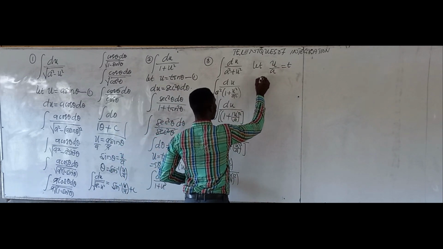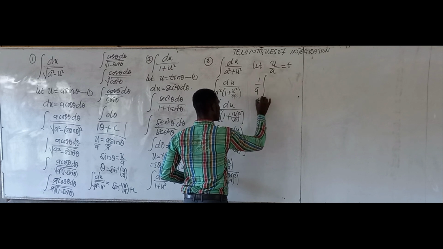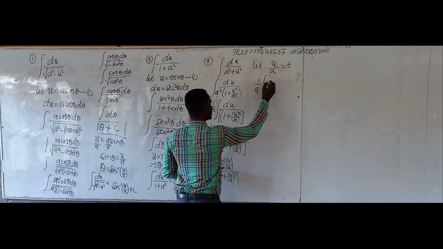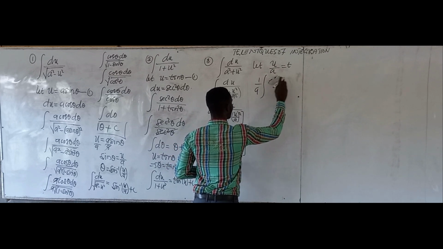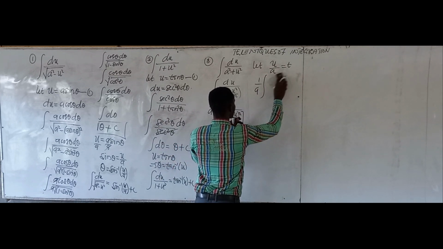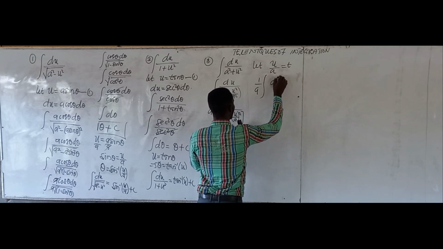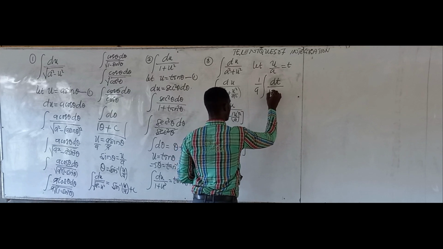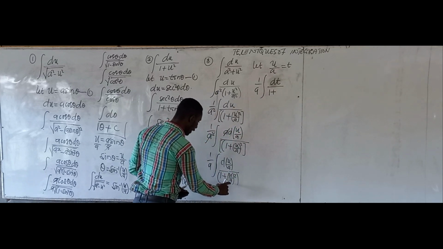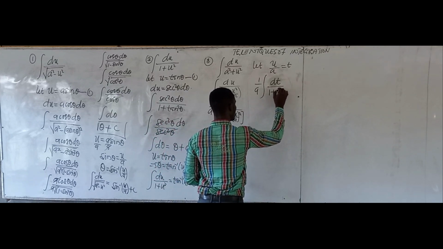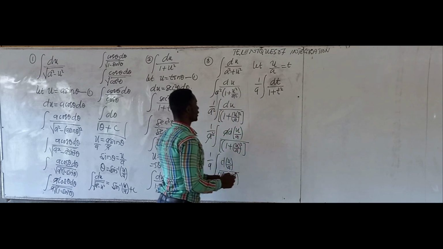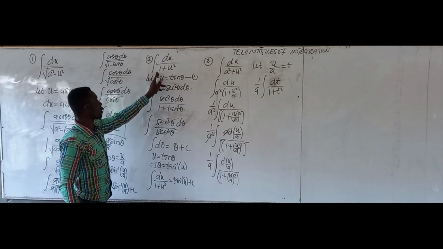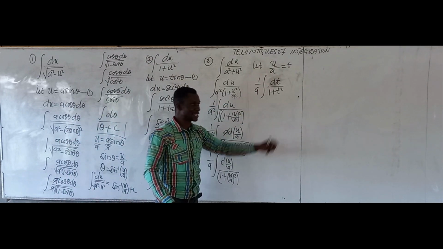I will have 1 over a integral, u over a is t, so I will get dt over 1 plus, u over a is t, so I'll get t squared. You see that the inside is similar to du over 1 plus u squared. This is dt over 1 plus t squared.